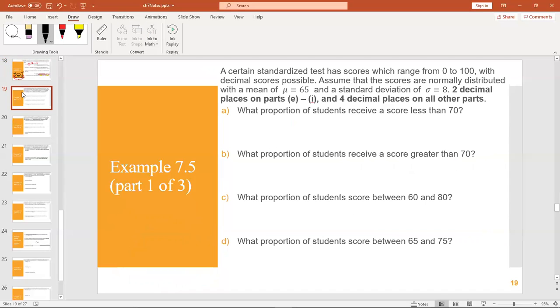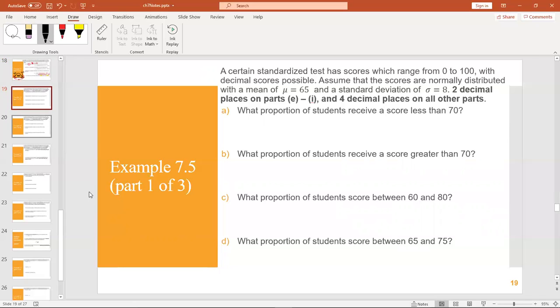All right. A certain standardized test has scores that range from 0 to 100. Decimal scores are possible, which is just another way of saying that it's continuous. Assume the scores are normally distributed with a mean of 65 and a standard deviation of 8.